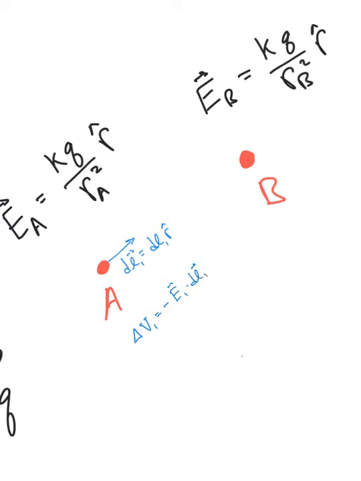And we can assume here that our distance traveled is small enough that the electric field is effectively constant along dl.